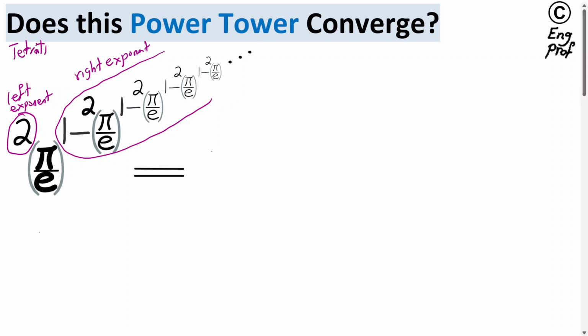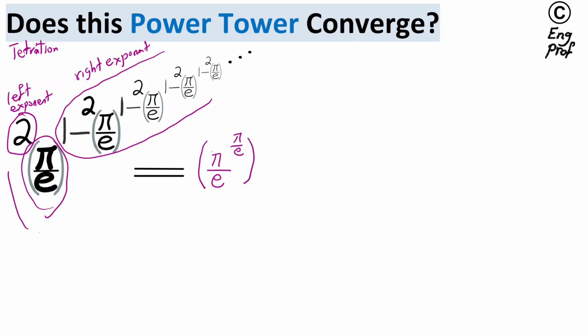What is the meaning of this left exponent? It means raise pi over e to the power of itself, to the power pi over e, and keep it at twice. That's the meaning of pi over e tetrated to 2. It just means raise pi over e to the power pi over e, and that's it, because we are supposed to repeat this twice, as instructed by 2.